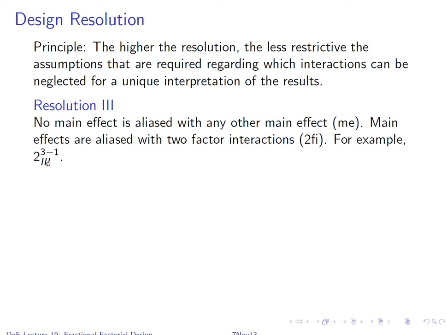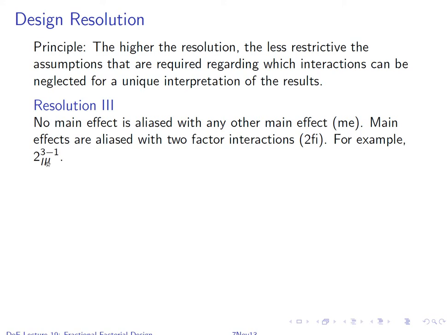And you ought to think about resolution in the sense of what we can resolve, what we can separate out by the design. The higher the resolution, the closer you're looking at the response variables, the closer you're looking at factor interactions, and the less restrictive the assumptions that are required to determine which interactions can be neglected.